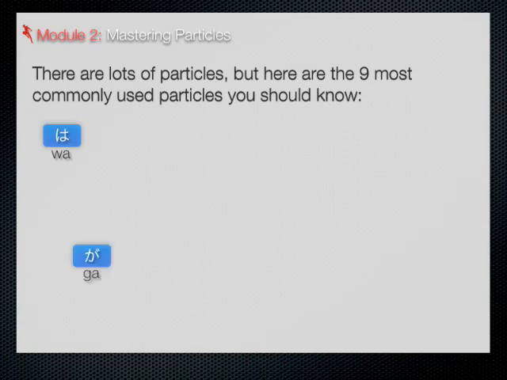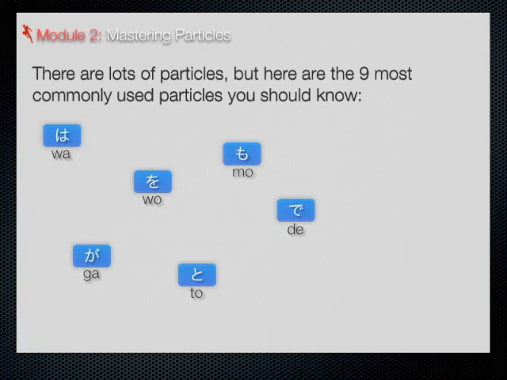Then we have ga, o, which is typically written in Romaji as wo, but it's pronounced o. To, mo, de, no, e. And this is another one where if you're studying the alphabet, you'll say, wait a minute, that's he, but that's correct. When it's used as a particle, it's pronounced e. And ni.